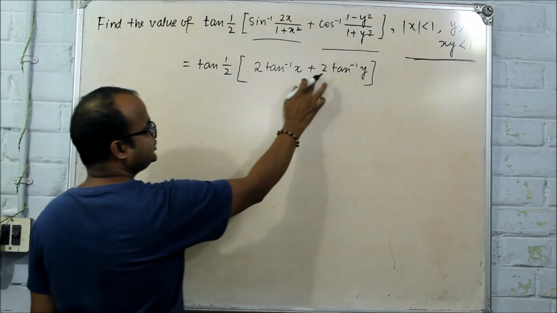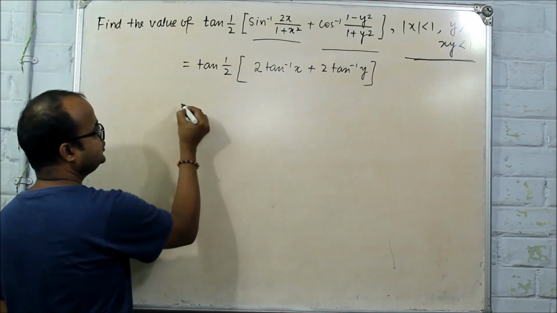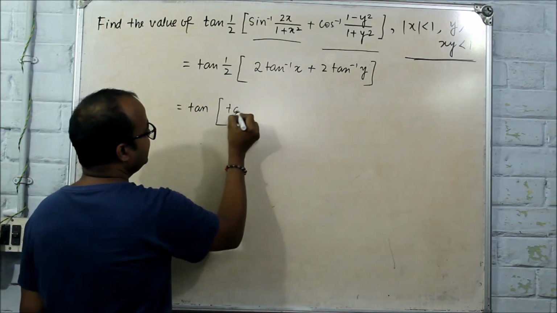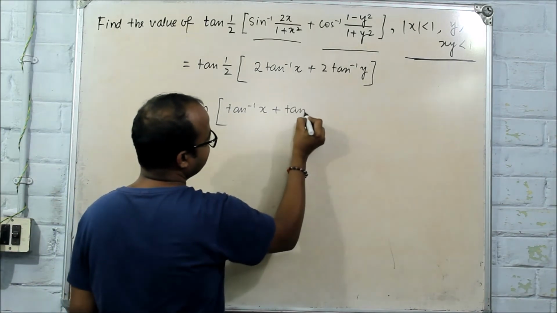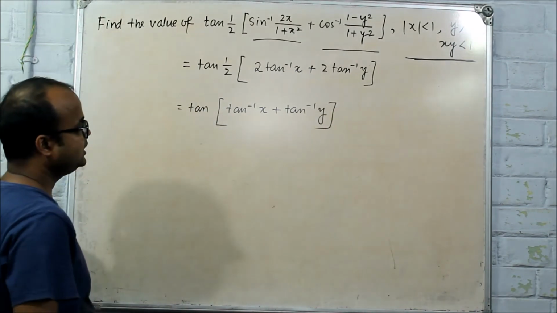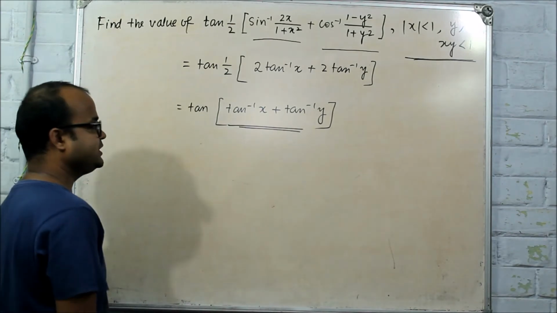Now we can take 2 common and cancel it with this 1 by 2. So we'll get tan of tan inverse of x plus tan inverse of y. Now here we are going to apply the formula of tan inverse x plus tan inverse y.